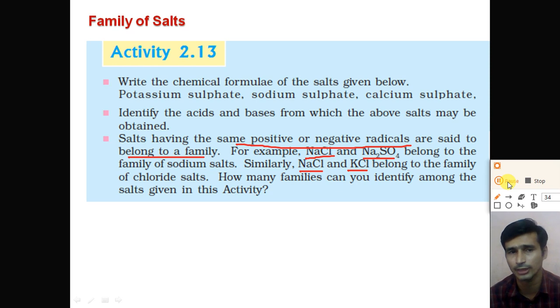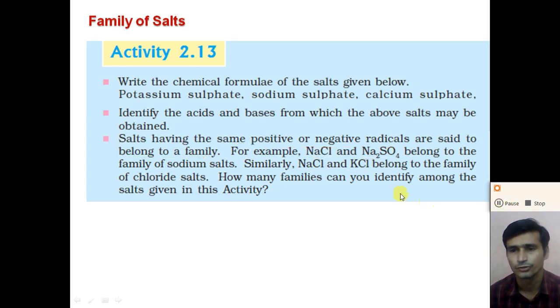Salts having the same positive radical or the same negative radical belong to the same family. So dear student, here you have to remember what the family of salt is, right?